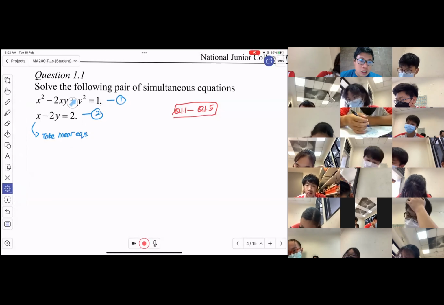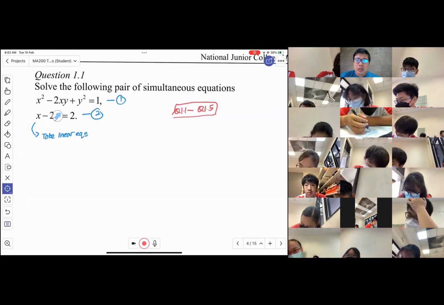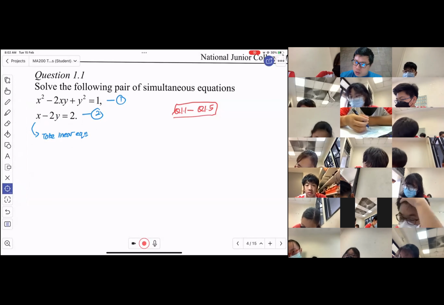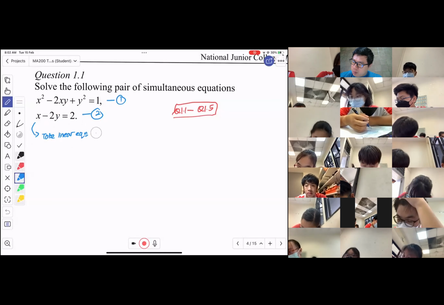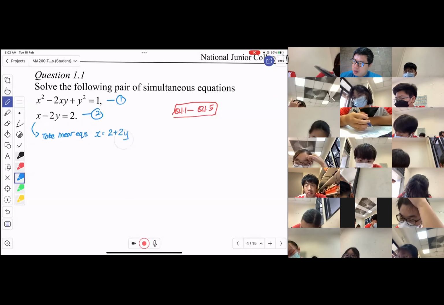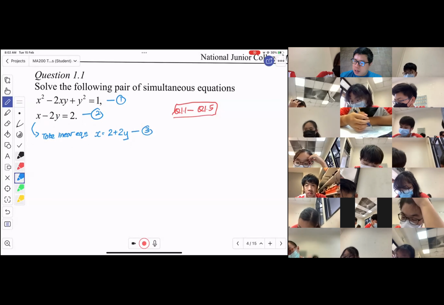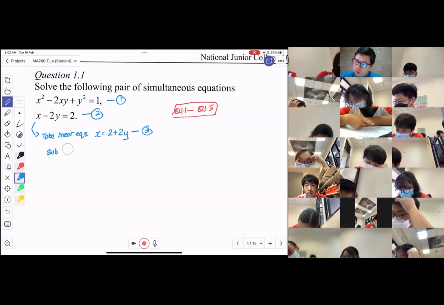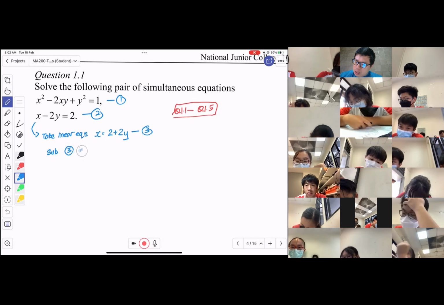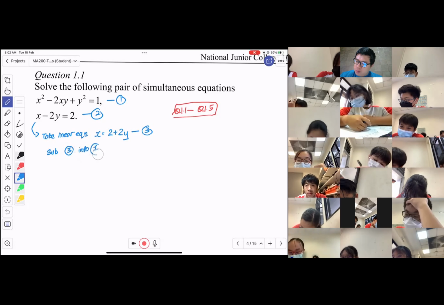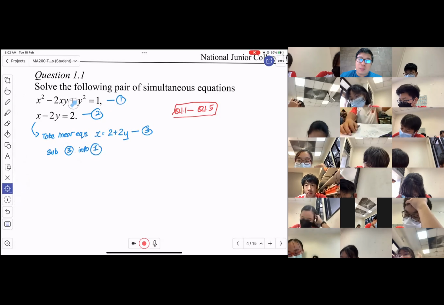You notice this is quadratic and this is linear, so you can create a substitute. If I call x equals 2 plus 2y, that will be equation 3. After that, all you need to do is substitute equation 3 into equation 1. Of course, equation 1 has not been doing much so far.